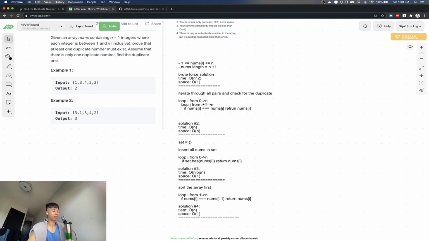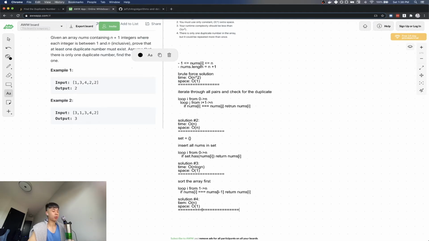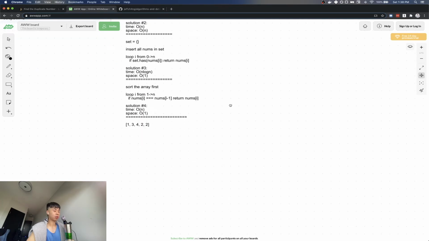Wait, an idea just popped into my mind. Since the values map to a specific index, 1 3 4 2 2, I believe there's a cycle if we follow the indices.